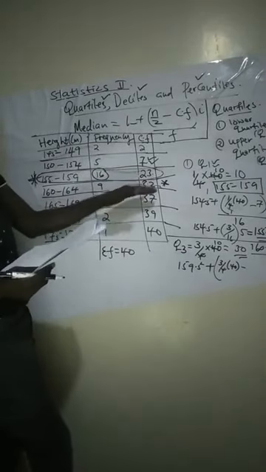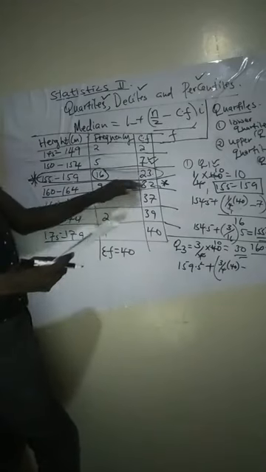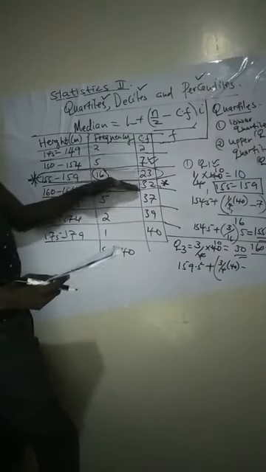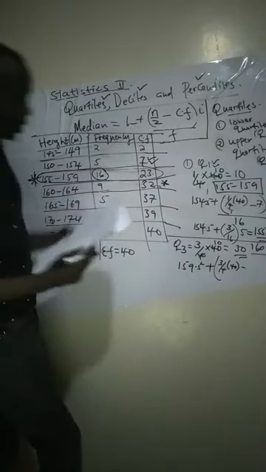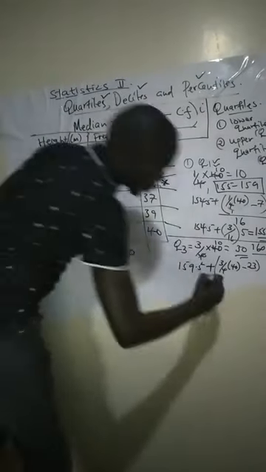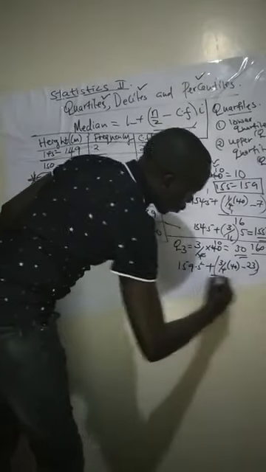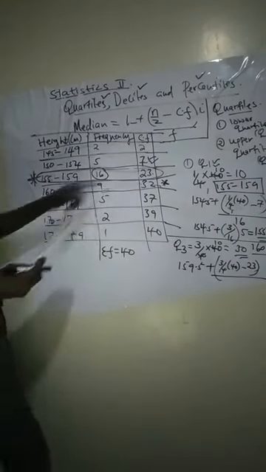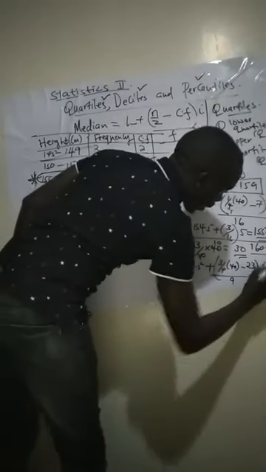This is our class of interest here, with CF 32. The CF above is 23, over the frequency of that class, which is 9. Then multiply by the interval 5.